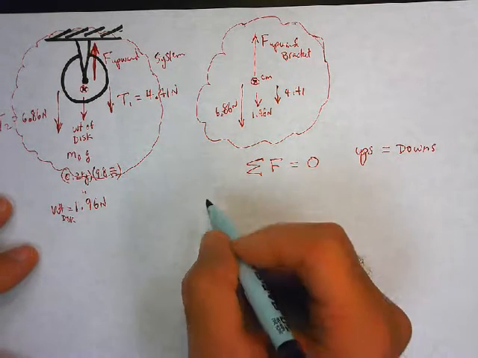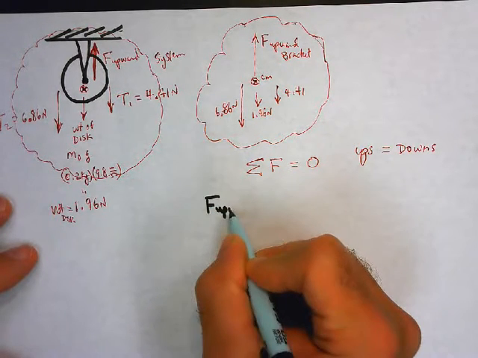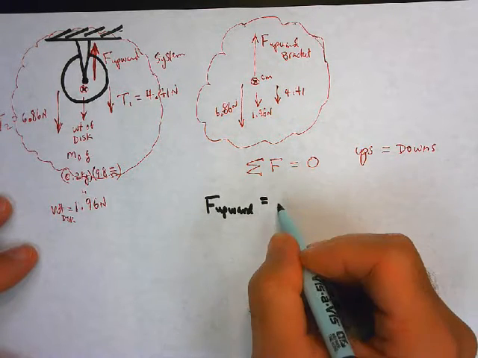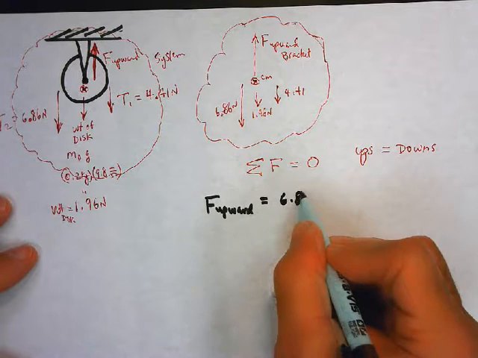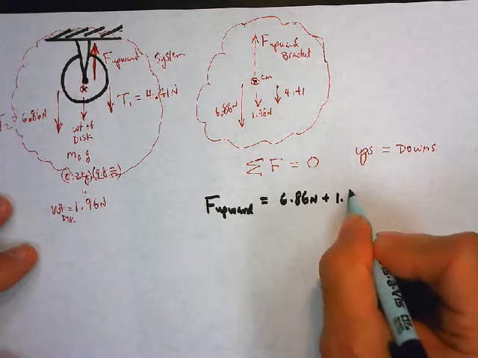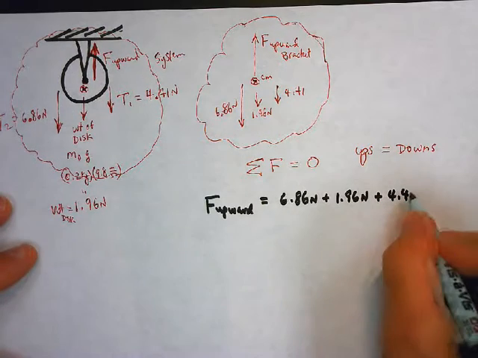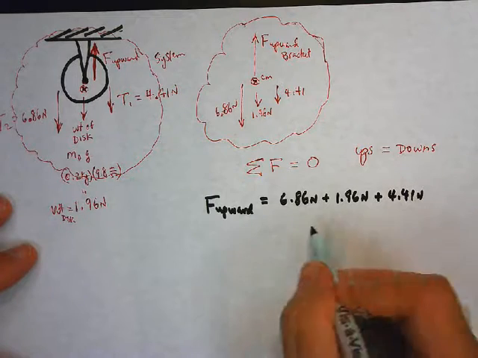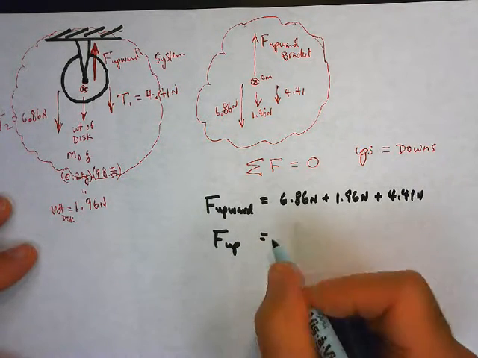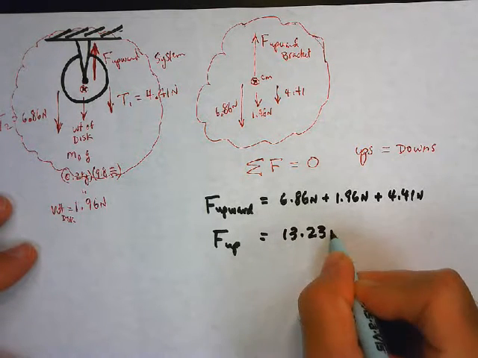We can say that the up, which is what we're looking for, F upward of the bracket, is equal to the downs, which would be 6.86 newtons plus 1.96 newtons plus 4.41 newtons. And when you add that up, the upward force would equal 13.23 newtons.